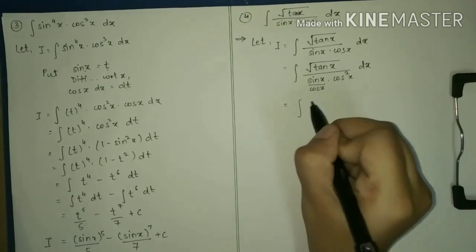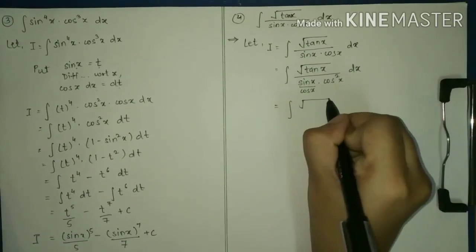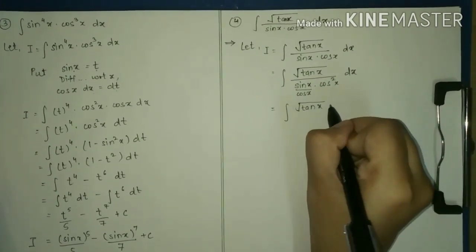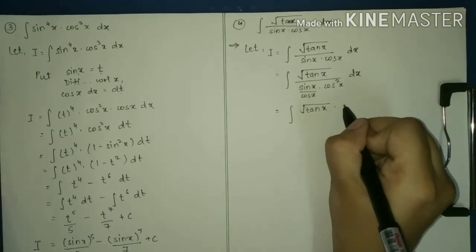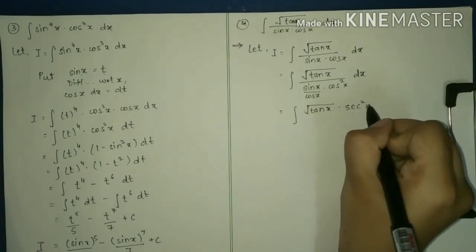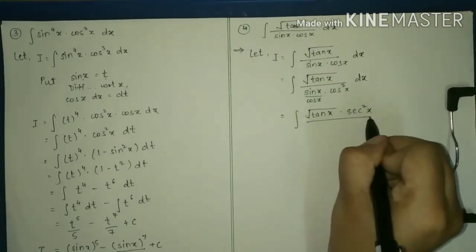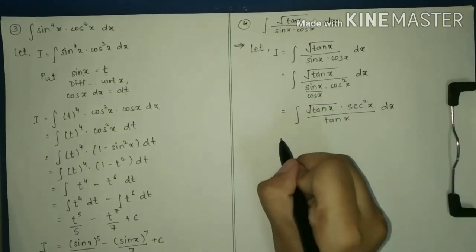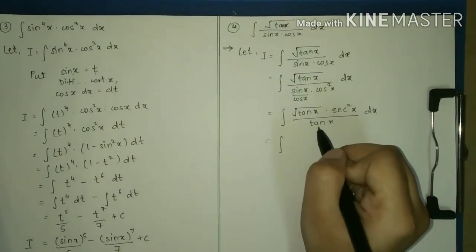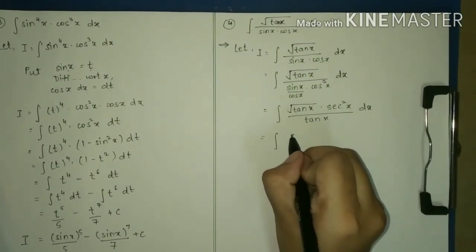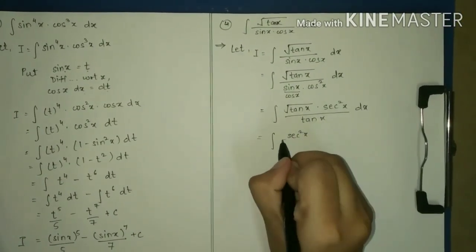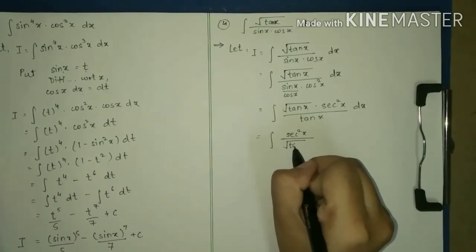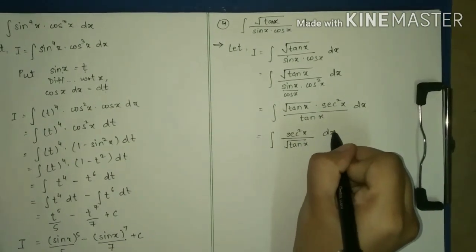So when I go and solve this, this will become root tan x. This cos square x, when it comes in the numerator, 1 upon cos square x is secant square x upon tan x dx. So integration of root tan x upon tan x becomes secant square x upon root tan x dx.